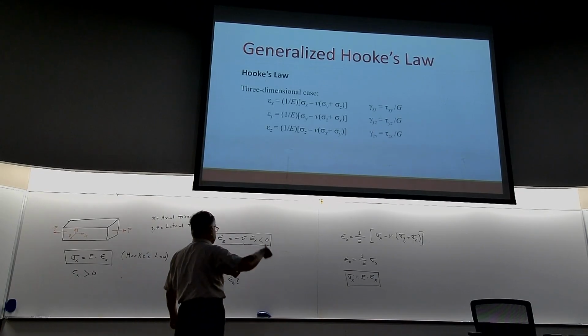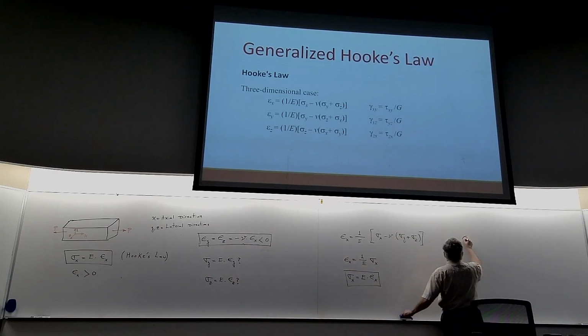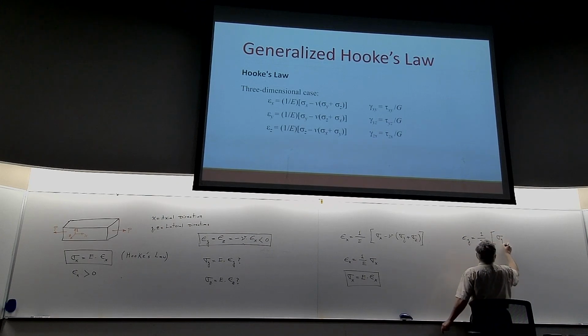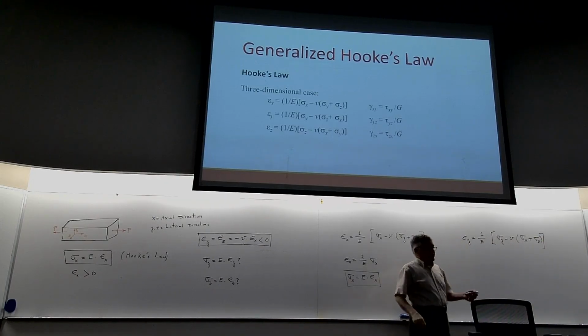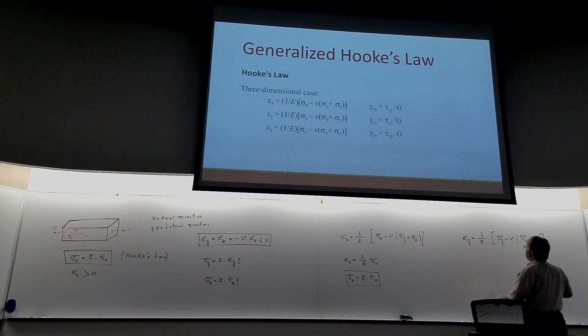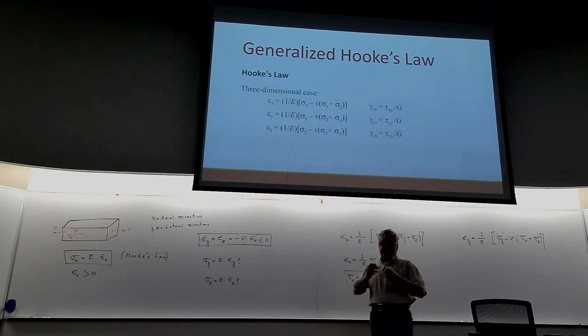So what if I use the second equation listed there, which is epsilon y is 1 over E times sigma y minus nu times sigma x plus sigma z. Still, we have no stresses in the y direction or z direction because we don't have any forces.